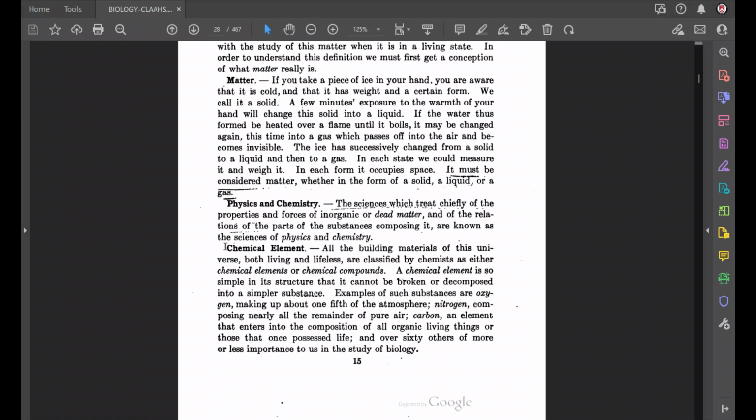So if you were to ask, what is a piece of wood made of? And you were to break down the wood into all of the chemical substances that are present in the wood. Is there water in the wood? Yes, there is. Is there air in the wood? Yes, there is. And is there solid material in the wood? Yes, there is.